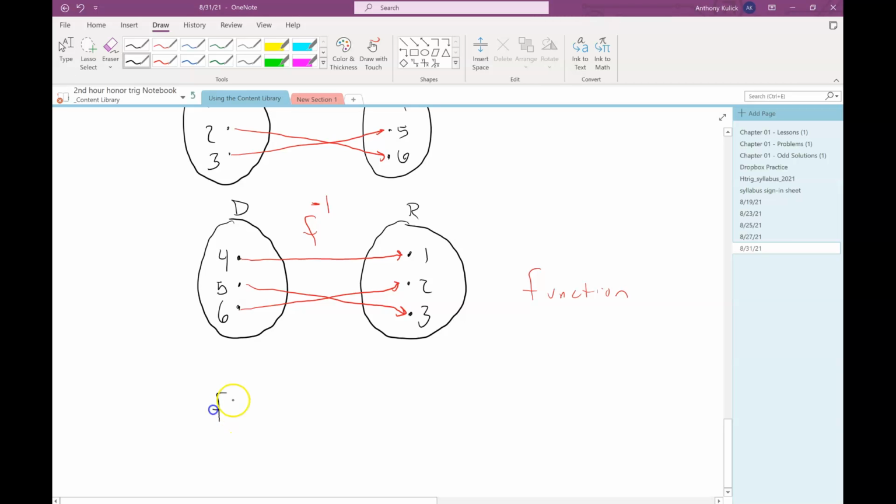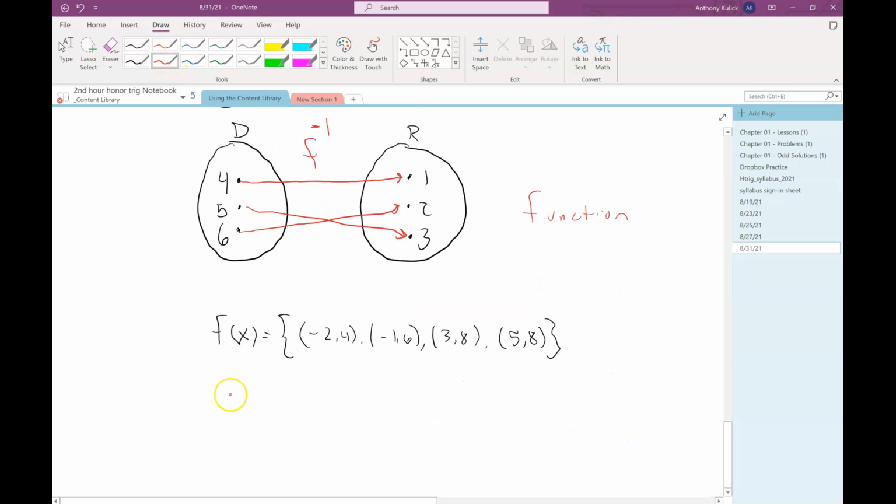What if instead we had a function that was a set of ordered pairs? So here we'll just describe this function as a set of ordered pairs. So in f, negative 2 goes to 4, negative 1 goes to 6, 3 goes to 8, and then 5 goes to 8. If I want the inverse, I need to reverse the directions.